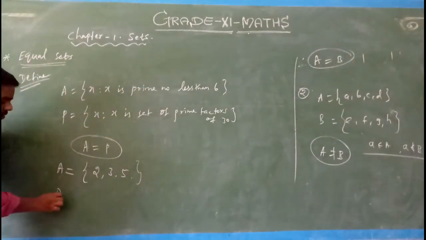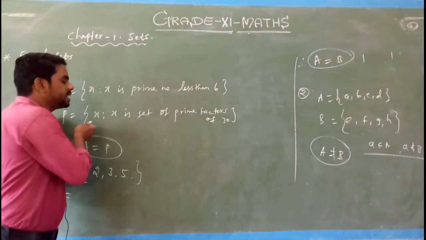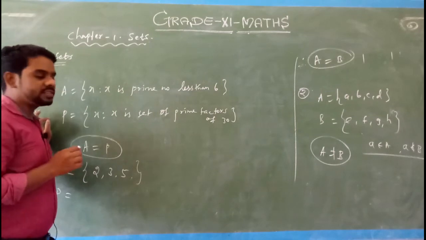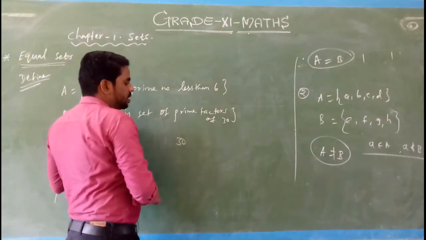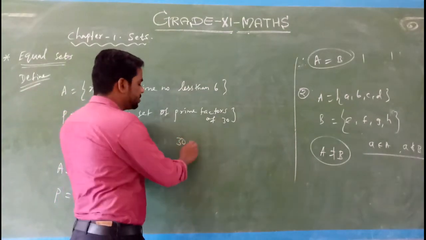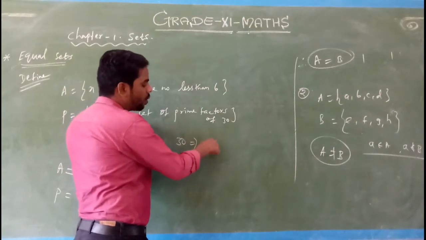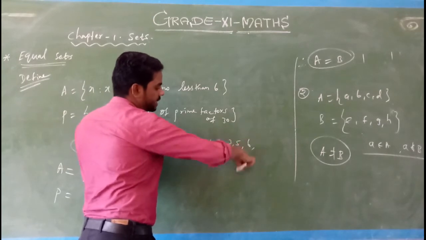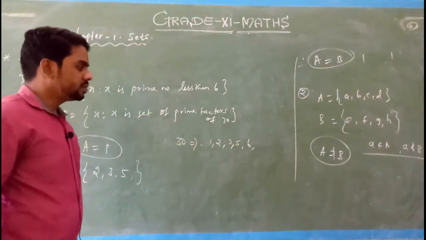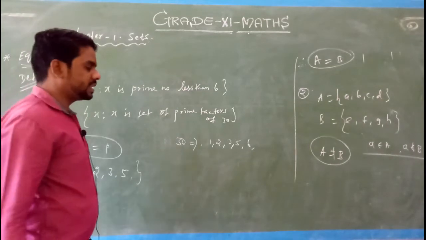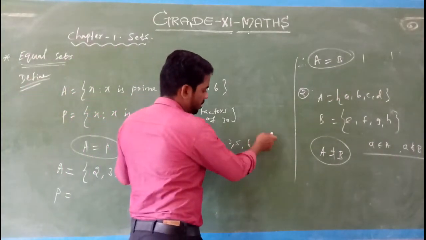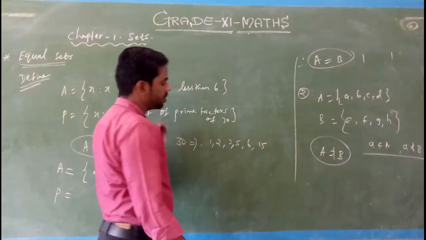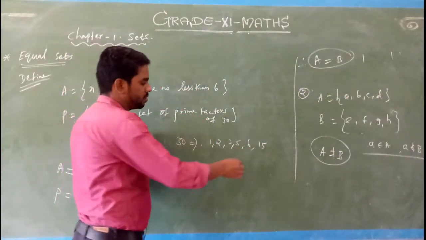And P is the set of prime factors of 30. First find the divisors of 30: 1, 2, 3, 5, 6, 10, 15, 30.